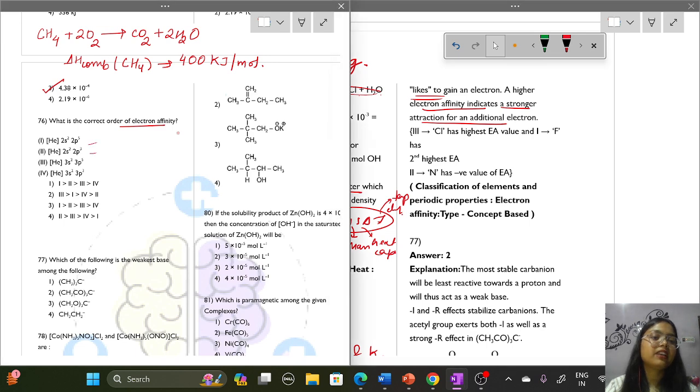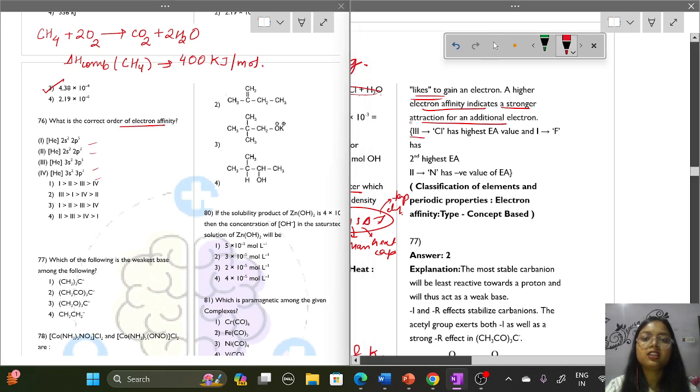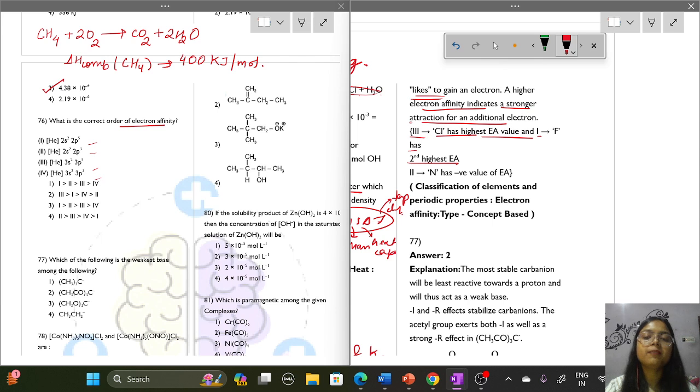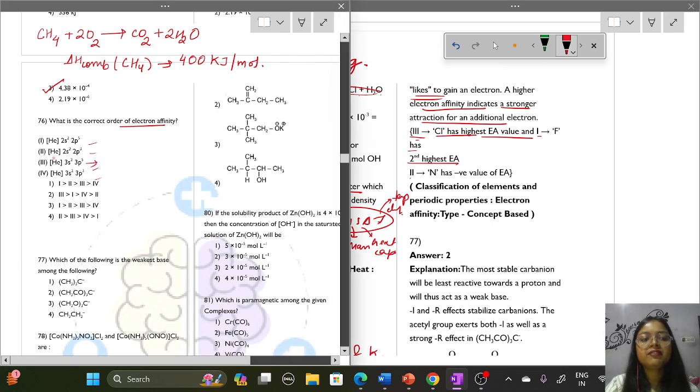So in all these options we have the electronic configuration. Here option 3, Cl, has the highest electron affinity value and option 1, fluorine, has the second highest. From the electronic configuration we can find out the element name.